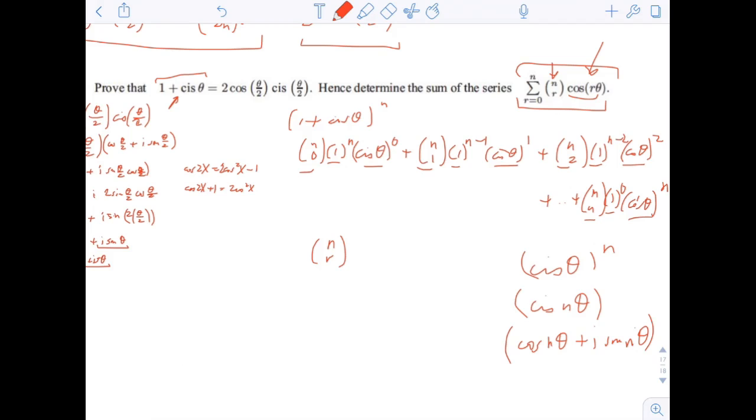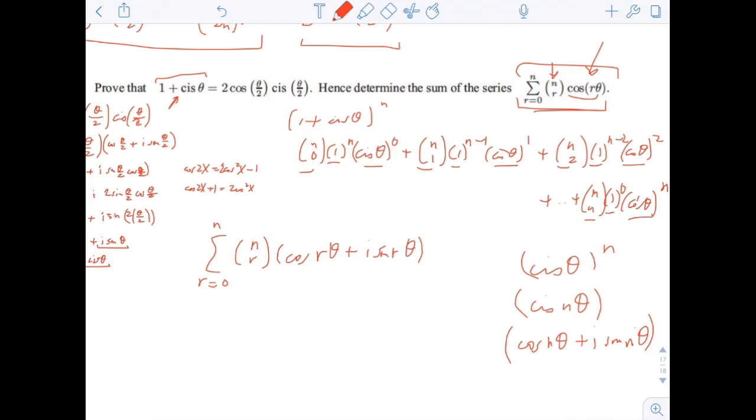Okay, so basically this would turn into the sum from r equals 0 to n of cosine r theta plus i sine r theta. So it looks kind of like that, except we have an imaginary part too, right?